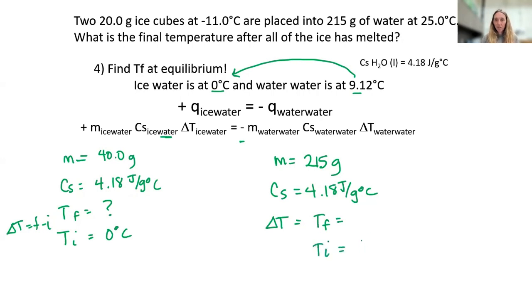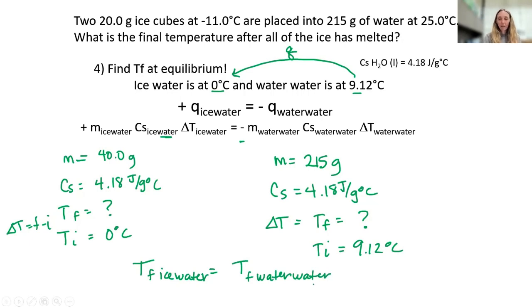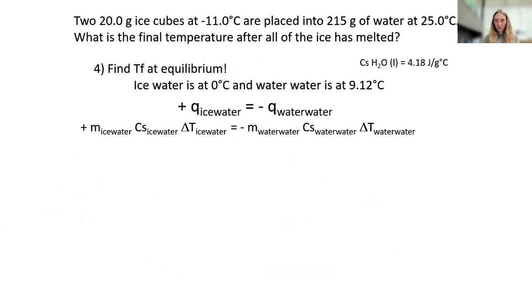My initial temperature is now 9.12 degrees Celsius, and my final temperature is what I'm going to find, right? So the water is going to give heat to the ice water. It's going to keep giving heat until those final temperatures are equal. So the final temperature of the ice water is going to equal the final temperature of the water.